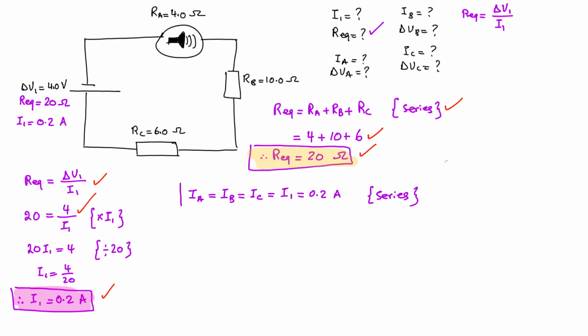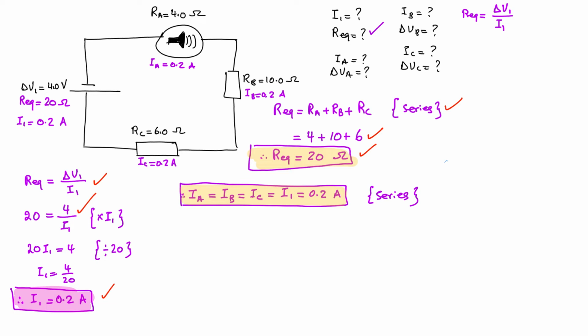So I'm going to box this, and I'm going to highlight this as well. So basically, we just found a lot of information. We just found out that IA here is 0.2, IB is 0.2, and IC is 0.2.